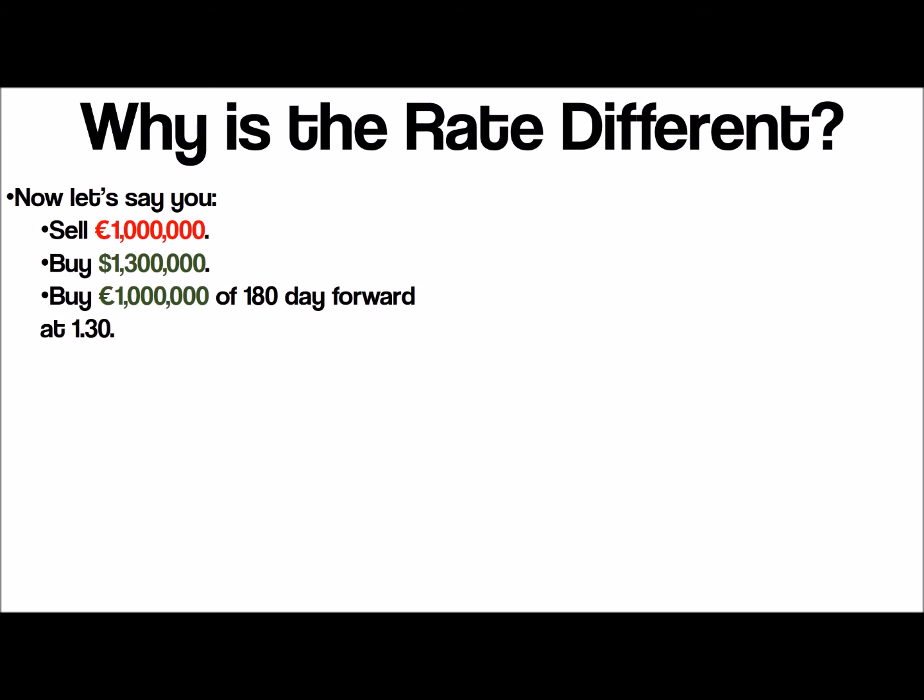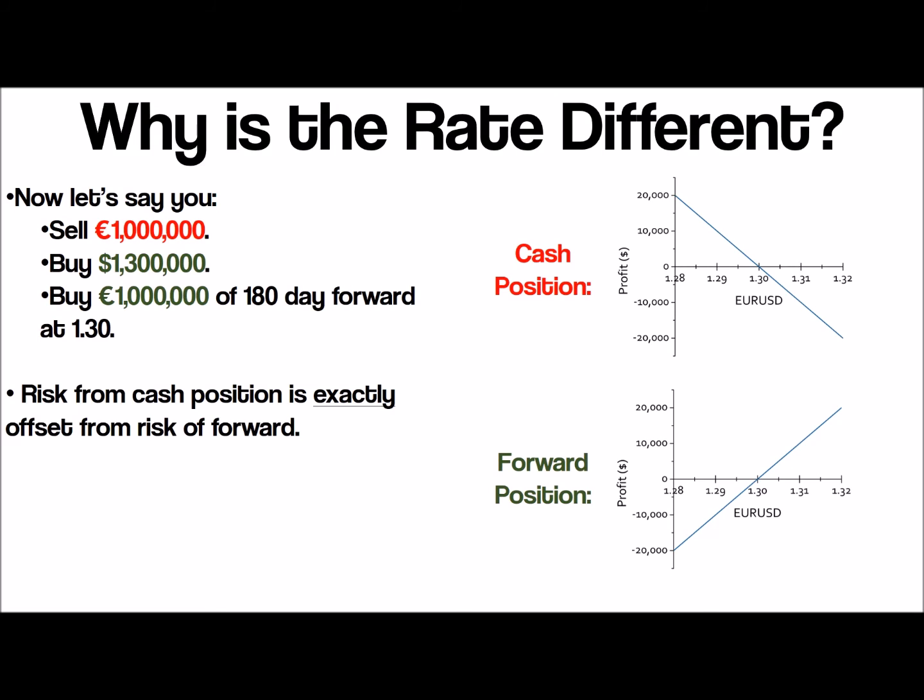If you could use forwards, you could carry out the following trade. You do the same as before, you sell 1 million euros, you buy $1.3 million, but you also buy 1 million euros of a 180-day forward contract. If the forward rates were exactly the same as the spot rate, then you would buy this contract of 1 million euros, and the settlement price would be 1.3 in 180 days. In this case, you would have the same exposure from your cash position, which is shown by the top graph.